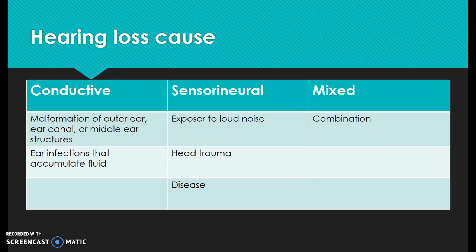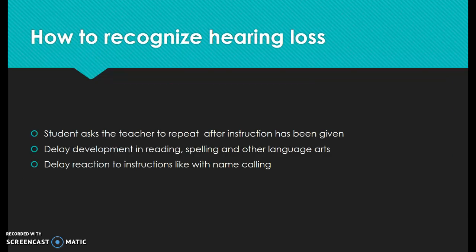And then disease. Diseases can destroy the inner ear, and there are many types of rare diseases. And once again, the mixed is just a combo of the two. Most professionals agree that when addressing the mixed scenario, it's best to work on the conductive and then move on to the sensory neural.